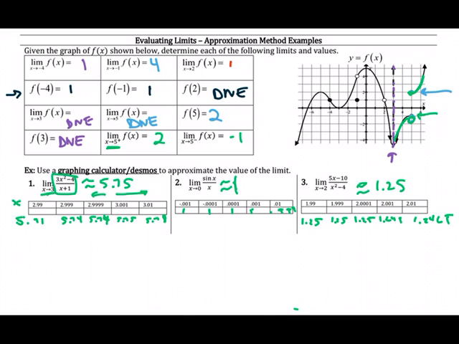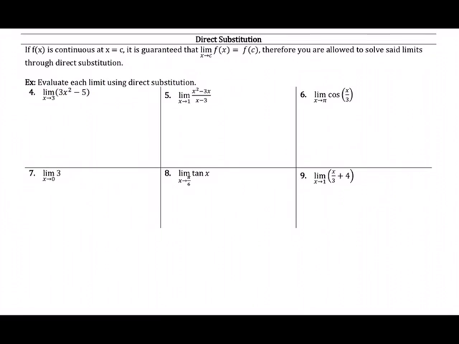So the idea here is we looked at a graph. Now we're looking at what's actually happening when we plug in x values, when we plug in numbers really close to the number that we're taking the limit of. And that leads us to how we could possibly solve or evaluate a limit when we don't have a graph, but we actually have the function itself.